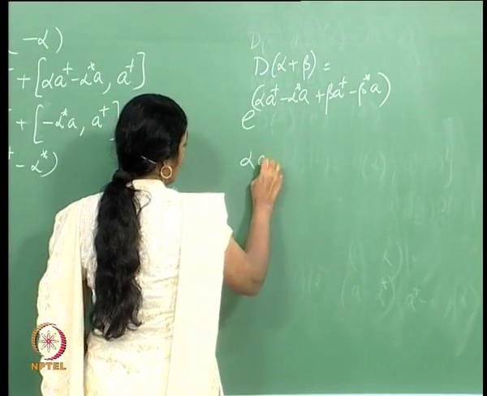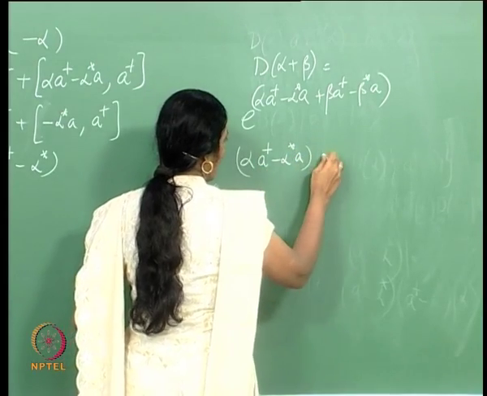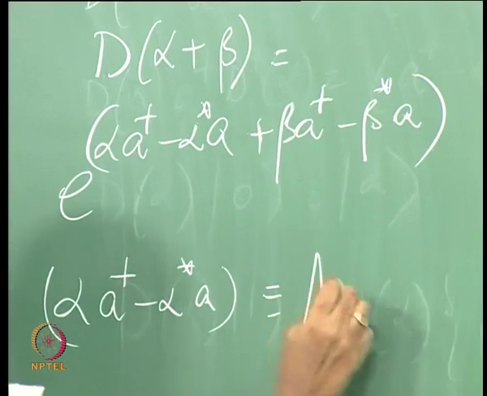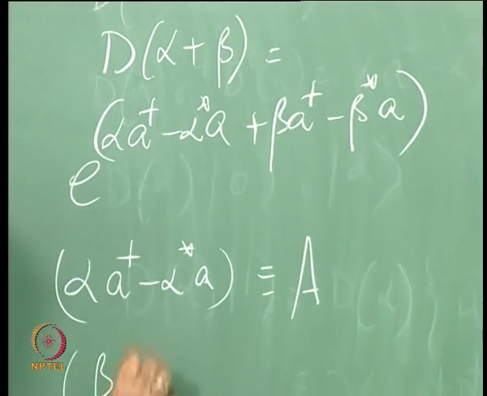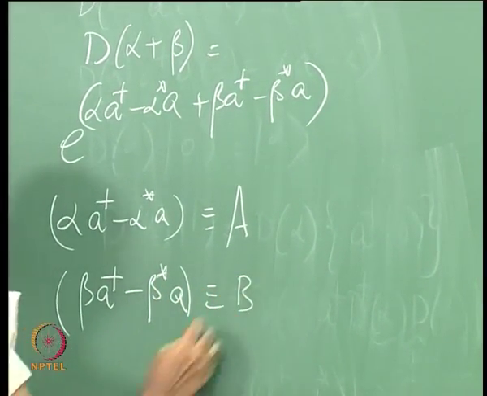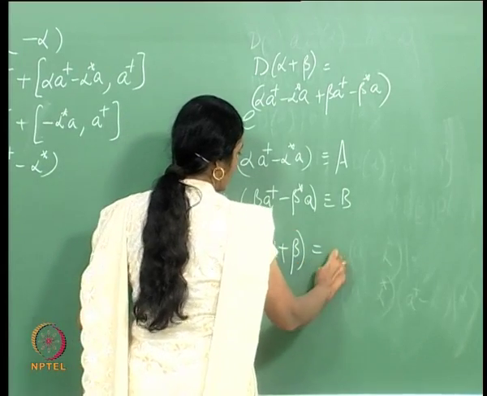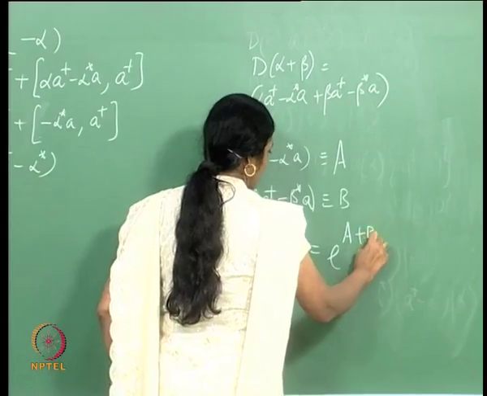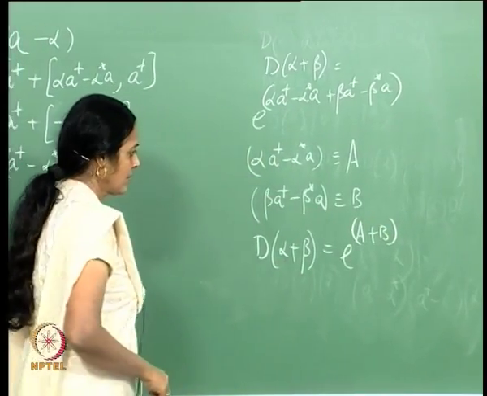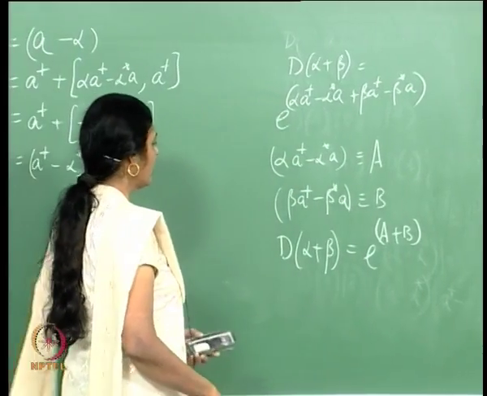We could represent alpha a dagger minus alpha star a as the operator A, and beta a dagger minus beta star a as the operator B. So D of alpha plus beta has the structure e to the A plus B, by the Baker-Campbell-Hausdorff formula, which is now familiar to you.